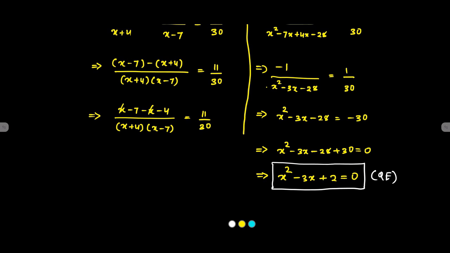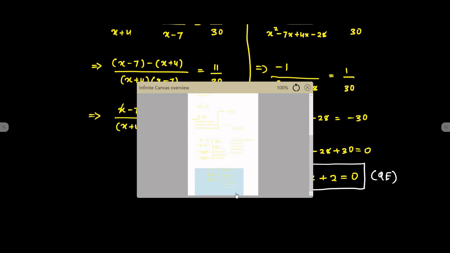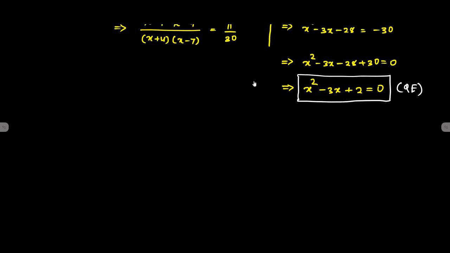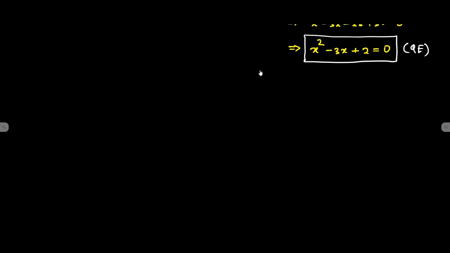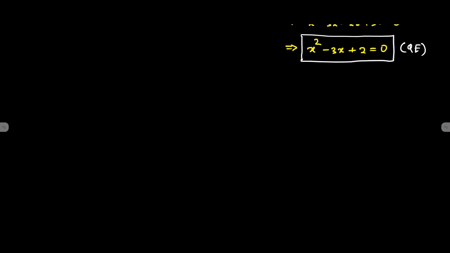Now, x square minus 3x plus 2 is equal to 0.